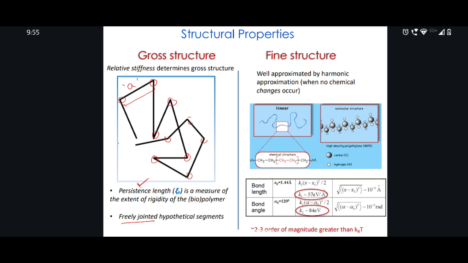So these are freely jointed chains and I can have segments here. Each of these is joined by something that here I'm going to call A. I apologize for my poor handwriting, but imagine this is A. Now, here I'm going to take a slight leap and say that all my A's are equal.